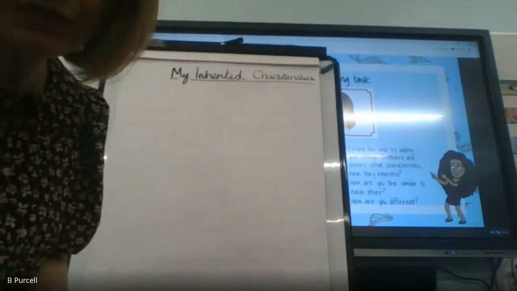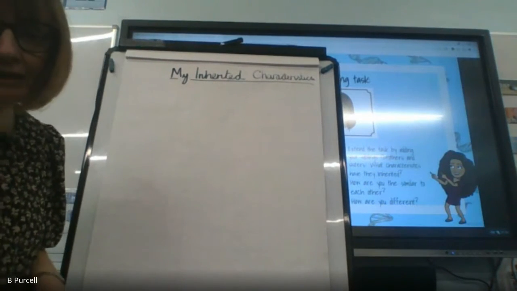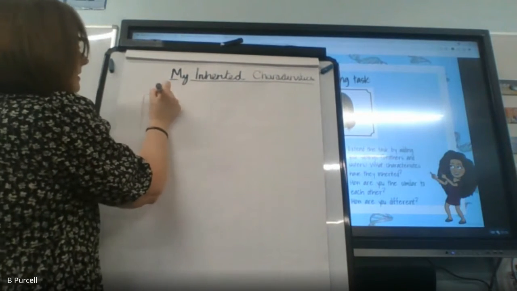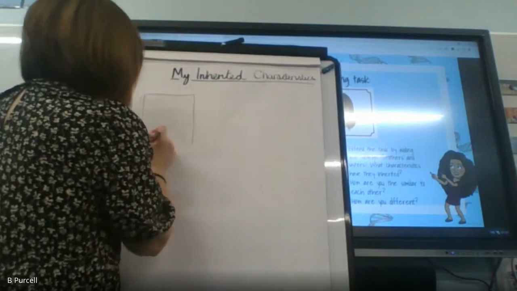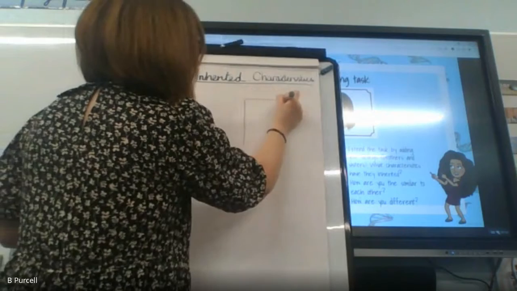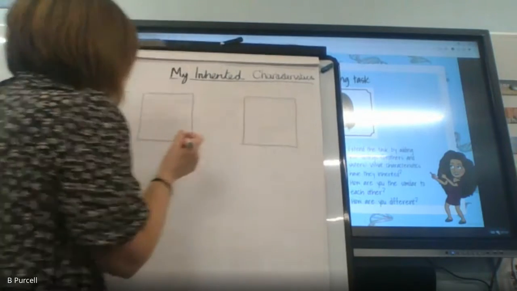Okay, and then if you're able to get a photograph of one of your parents, or both of your parents, or if you draw them, that's fine. You have them together like so.